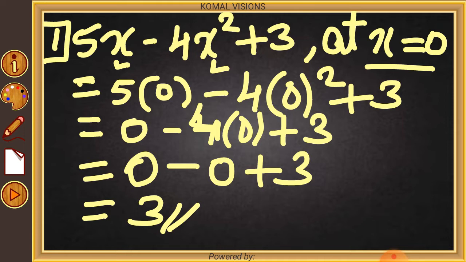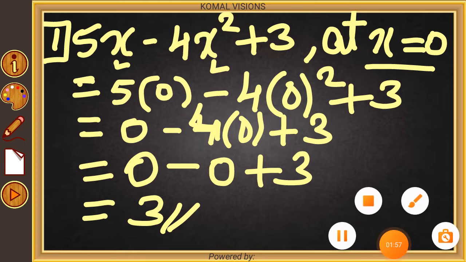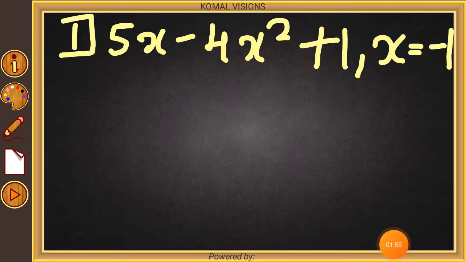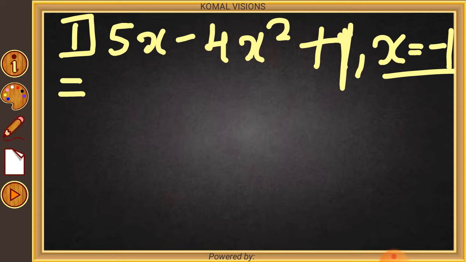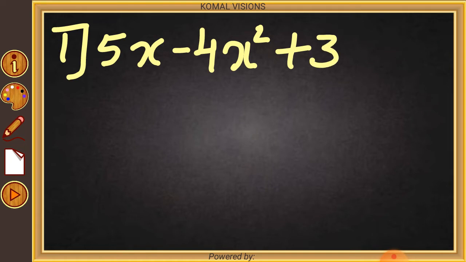Let us go to the second value. It was not x is equal to plus 1, it was x is equal to minus 1. Again, in order to find the value of this polynomial, let me write down the problem once again: 5x minus 4x square plus 3 at x is equal to minus 1.